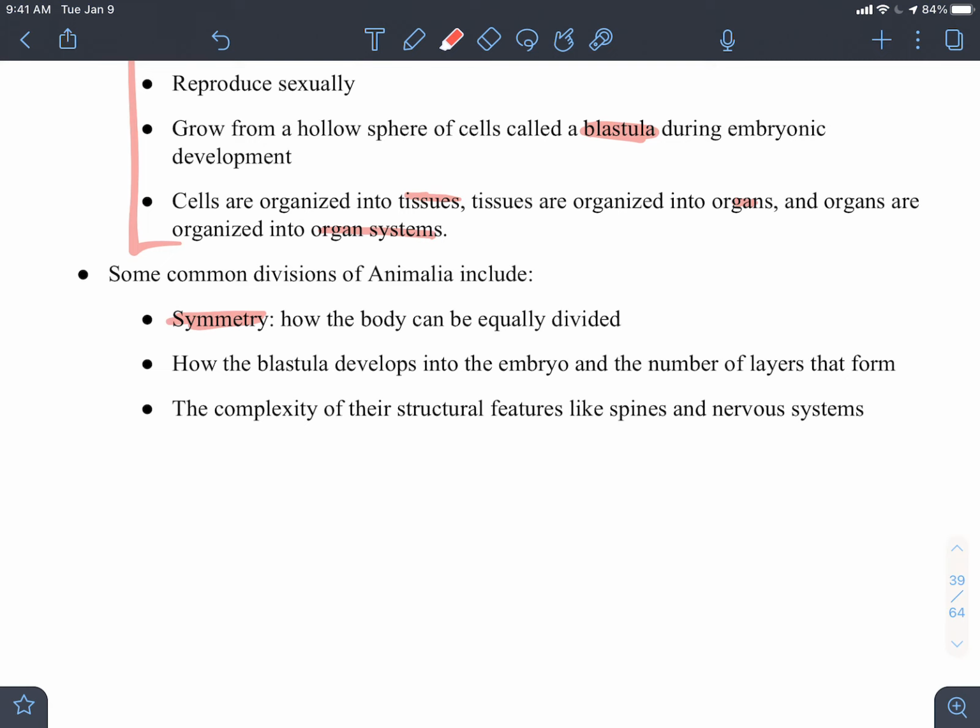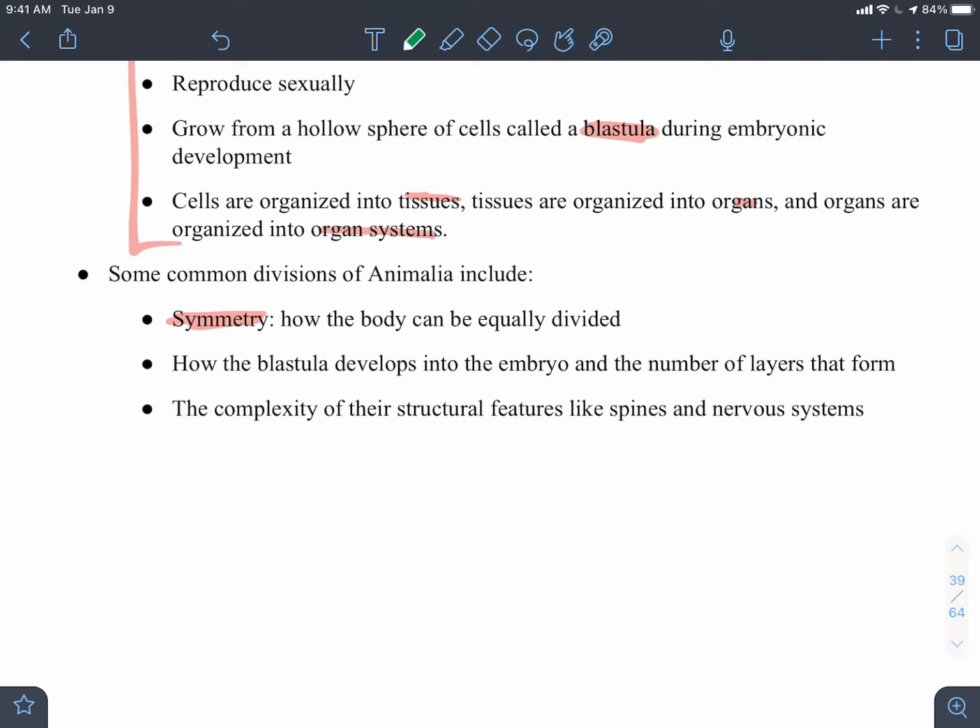Is it divided in a circular way like a starfish, where the starfish have a similar geometry in all of these different directions? Or is it something like a sponge where it's kind of a random shape and it has some holes over here and over here, but it's all random, asymmetric.